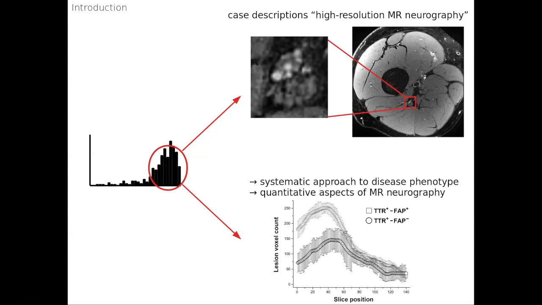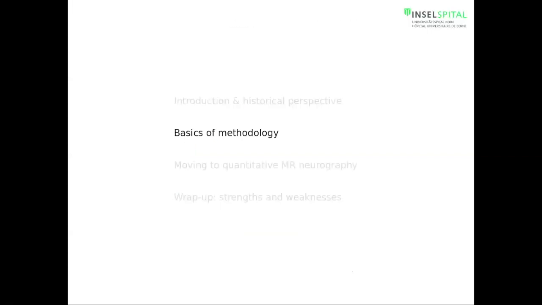But on the other side, we have groups that have tried to have a more systematic approach to the disease phenotypes of peripheral nerve diseases using MR-neurography, and also looked at the more quantitative aspects of MR-neurography. So now let's move to the basics of the methodology.